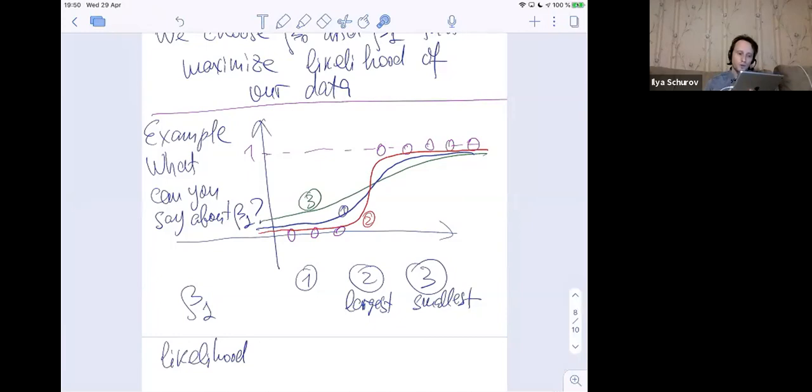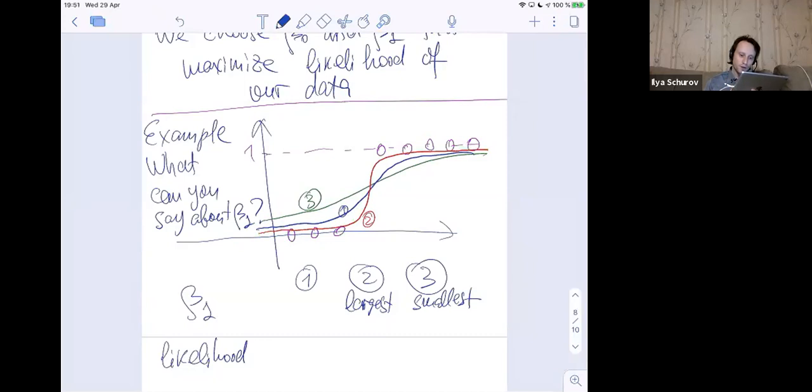For example, if we compare number 2 and number 3, we see that these points give us large likelihood for number 2 because these values are closer to 1. And on the other hand, these values also give us large likelihood because here our curve is close to these points. So we see that the closer this curve is to the corresponding points, the larger the likelihood.